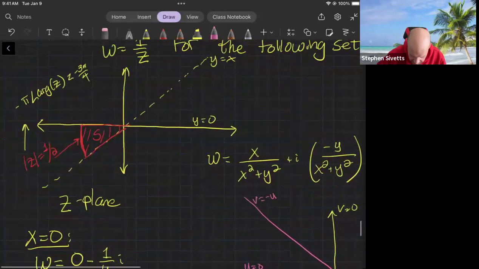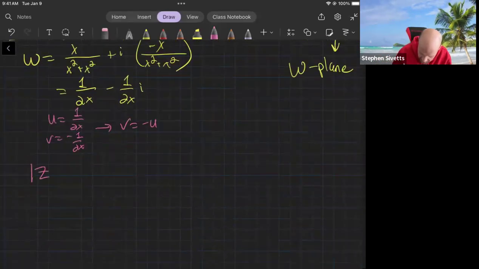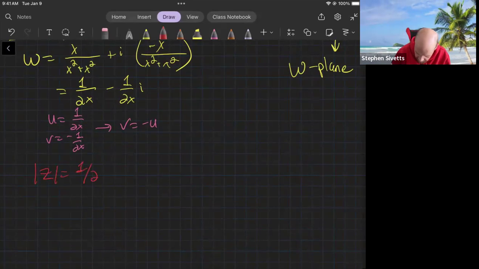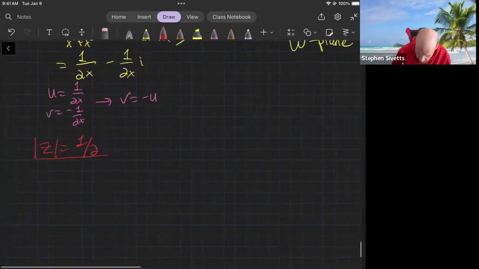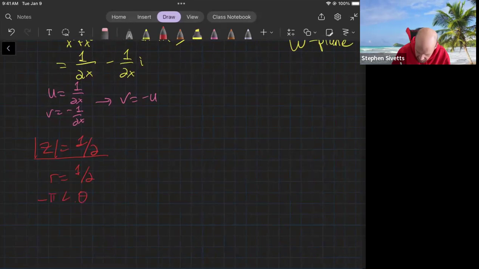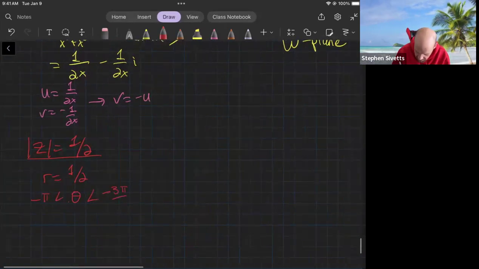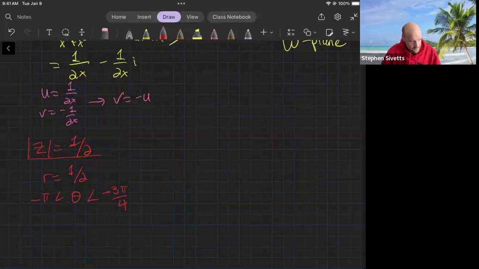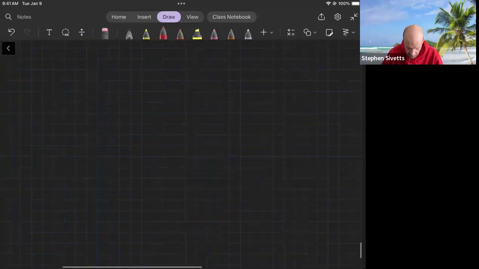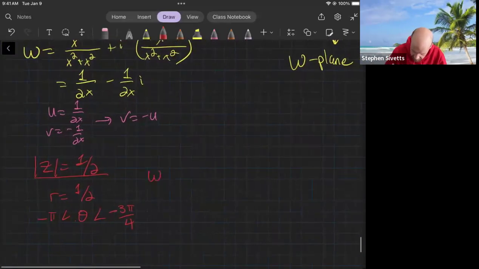And along the slice where the circle is of radius 1/2, right? So if I look at the slice of the circle where the radius is 1/2, the r is 1/2, and the argument is in between minus pi and minus 3 pi over 4, right? And so what we do is we invert points with respect to the unit circle. So in the W plane, we will have a circle of radius 2.